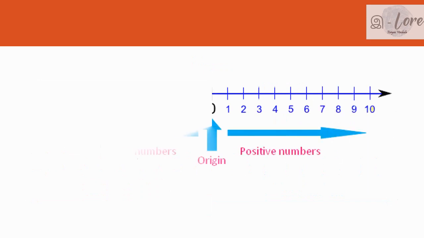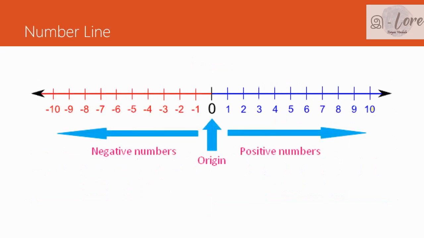A number line looks something like this. The positive integers are to the right of zero, and the negative integers are to the left of zero.